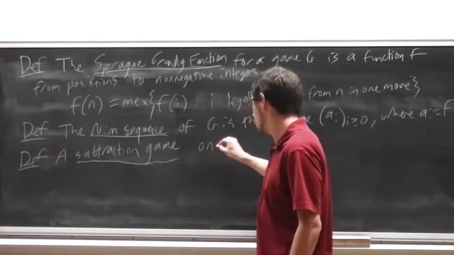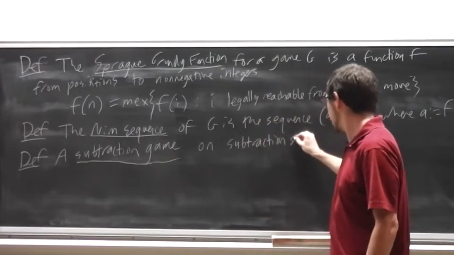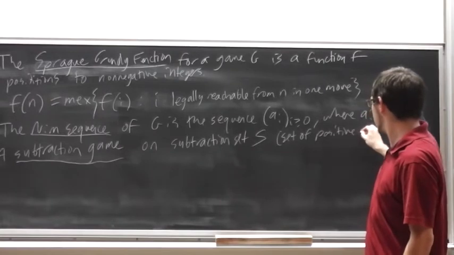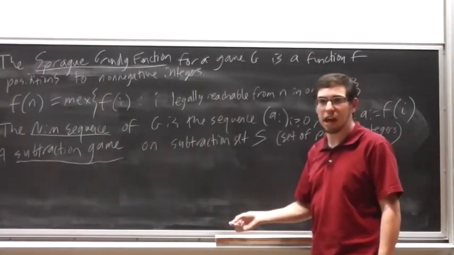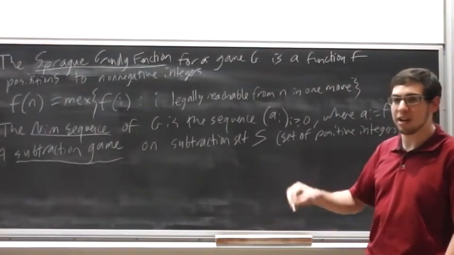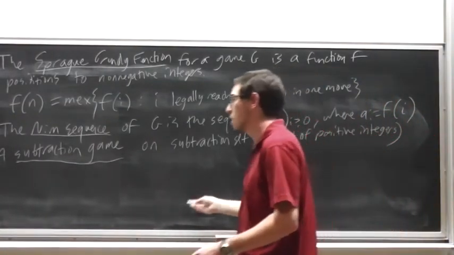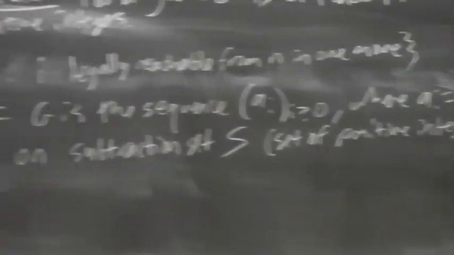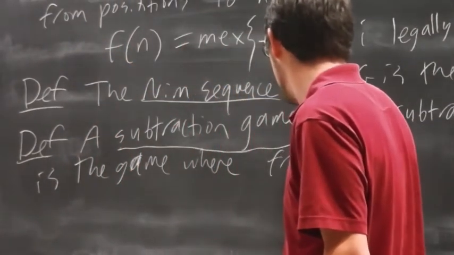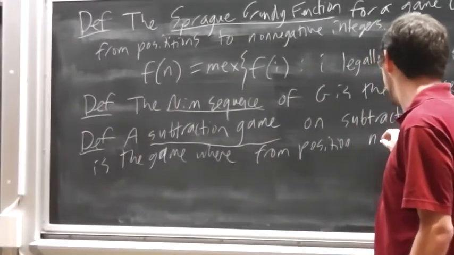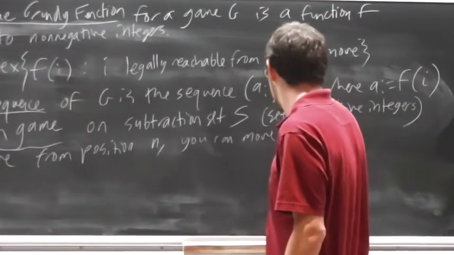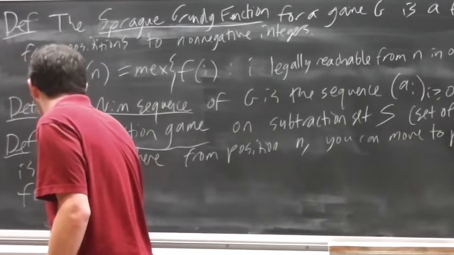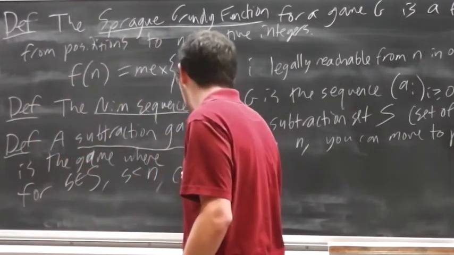A subtraction game on subtraction set S, where S is going to be a set of positive integers, so it can't include 0, is going to be the game where from position n you can move to position n minus s for s in S with s less than n, and no other moves.